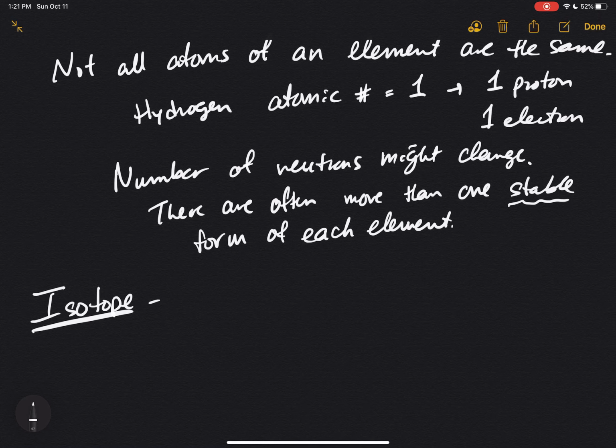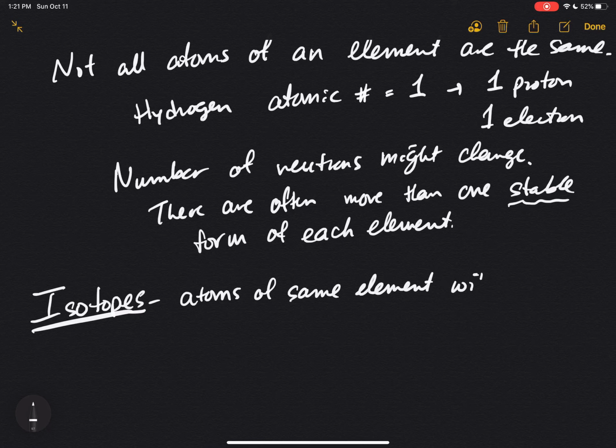An isotope is exactly this. Isotopes are atoms of the same element with a different number of neutrons. And we said that the protons will never change.